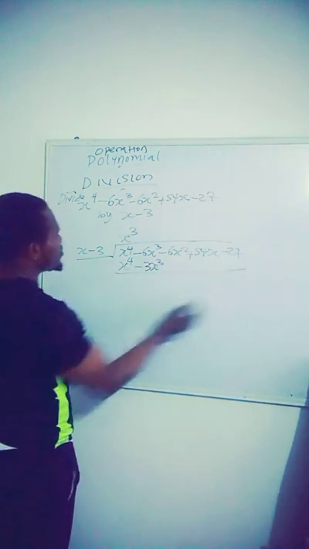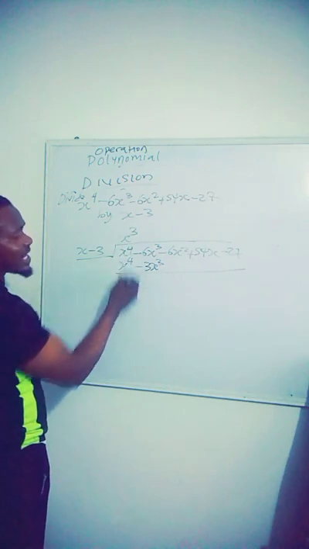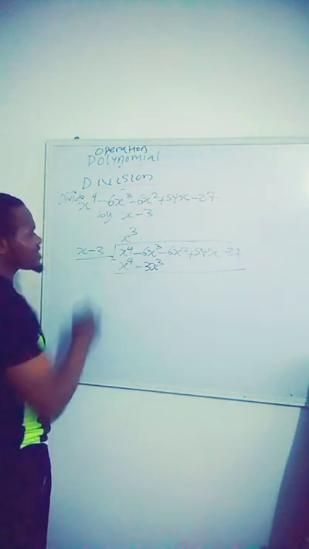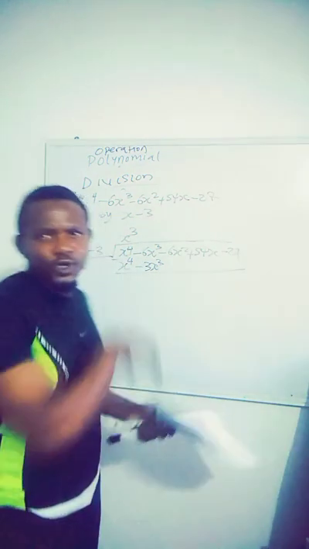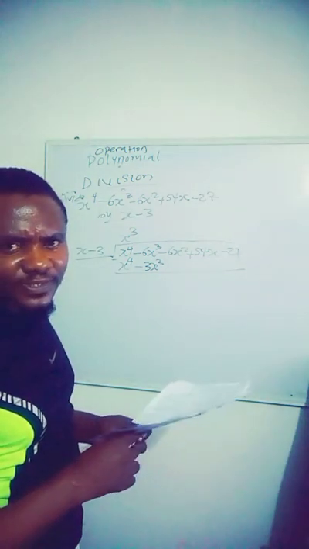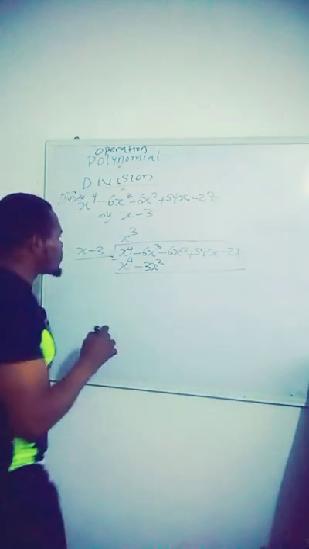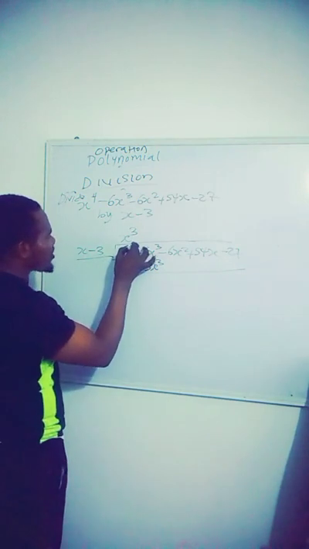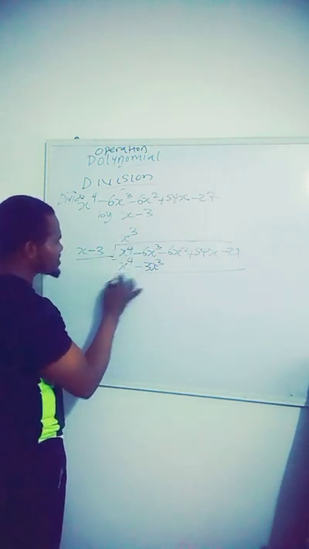So the sign that will change this to 0 is negative. So you will apply the negative throughout the whole equation. Are you getting the flow? So x raised to power 4 minus x raised to power 4, that is 0.